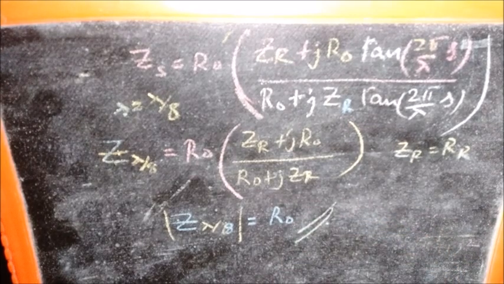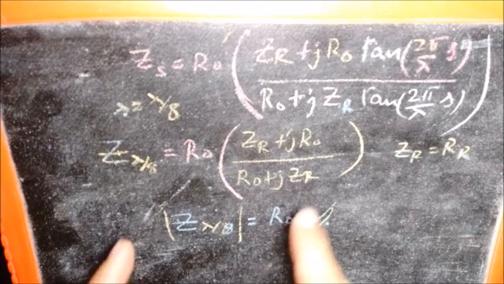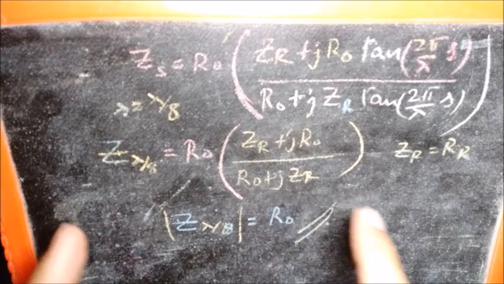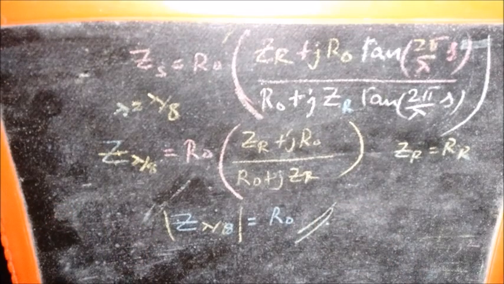What we see is that a magnitude match is possible: if the load is purely resistive and of some arbitrary value RR, then if the transmission line length is lambda by 8, it is possible to have the magnitude of the input impedance the same as the characteristic impedance of the transmission line, of course at high frequency approximation, because we are using R0.